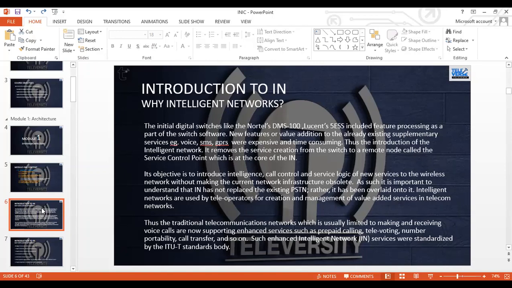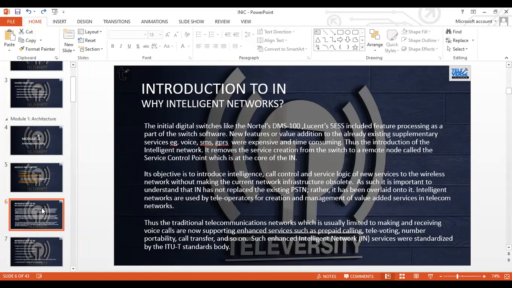So you can have services like number portability, call transfer, abbreviated dialing, free phone, premium rates, toll-free, closed user groups, a whole lot of services. All right, good. So the IN stands for intelligent network.